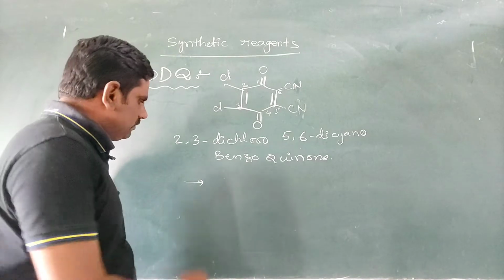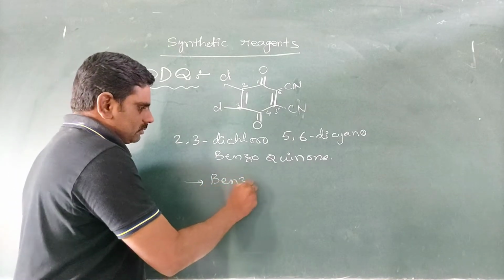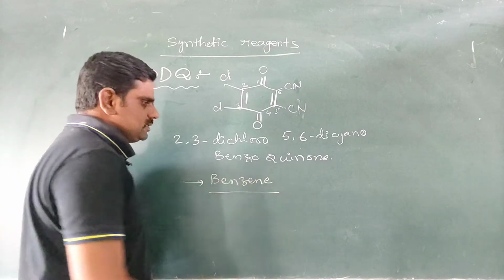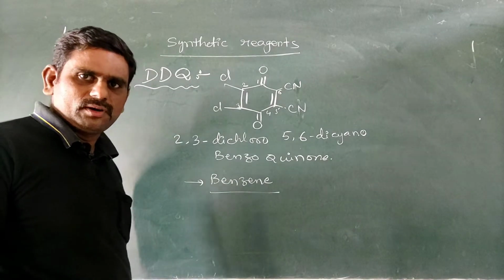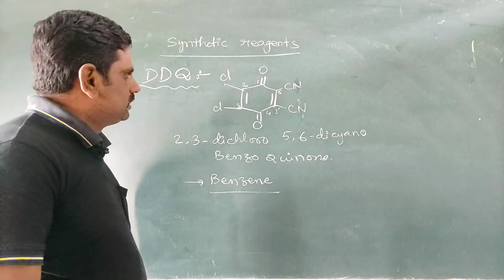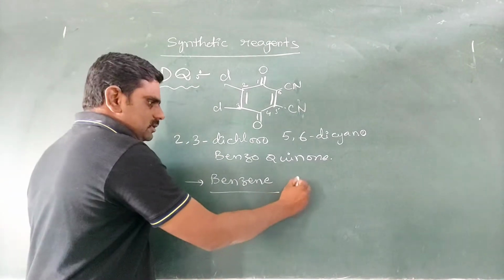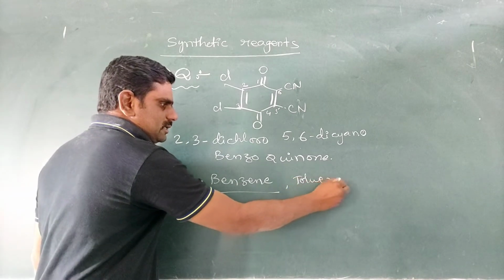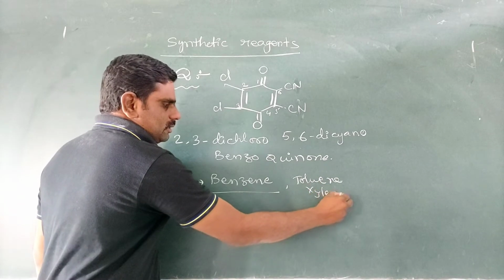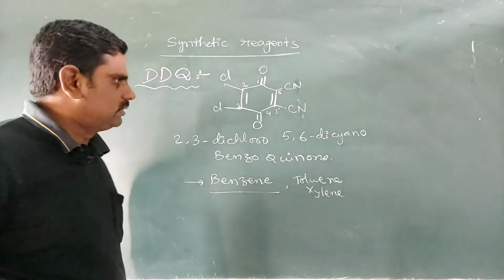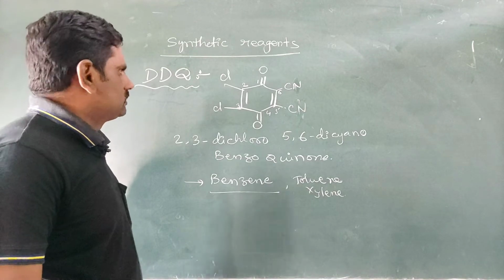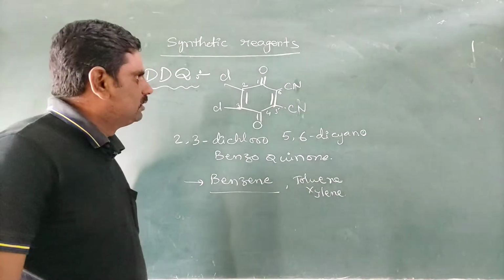Aromatic solvents means benzene. Normally benzene is used as a solvent to perform organic synthesis in the presence of DDQ. Benzene, toluene, xylene, many aromatic solvents are used for carrying out reactions with DDQ.